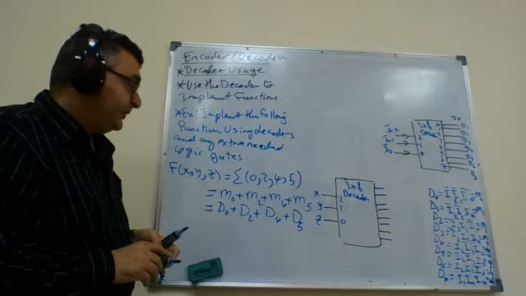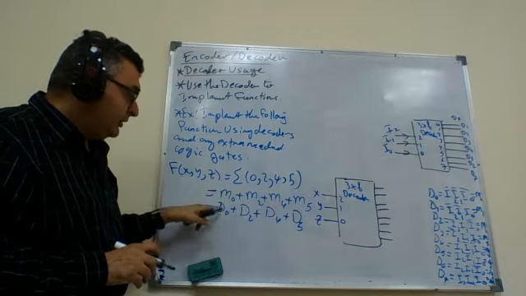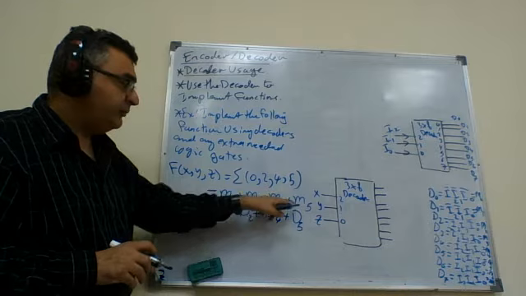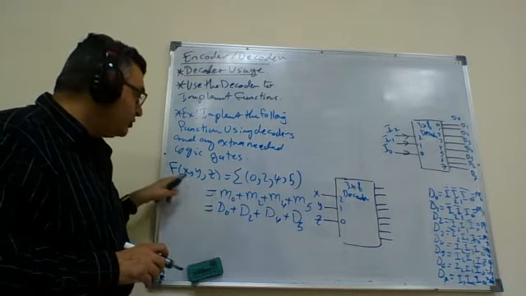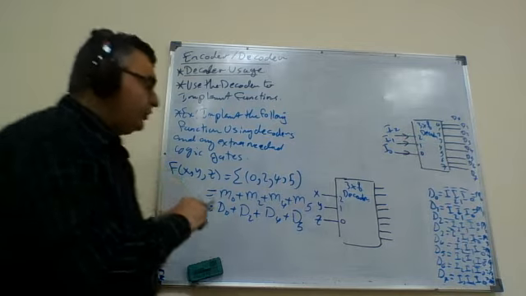Now my function has only the min terms M0, M2, M4, and M5. In order to get F, all I have to do is an ORing between those.